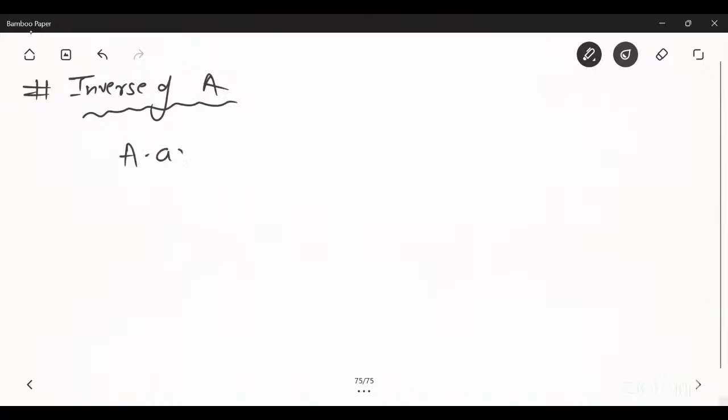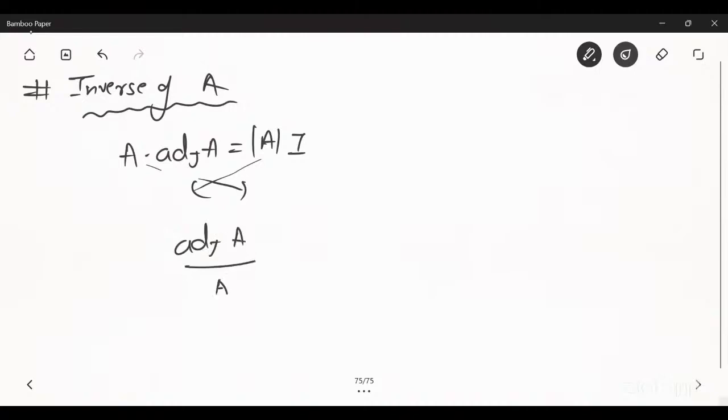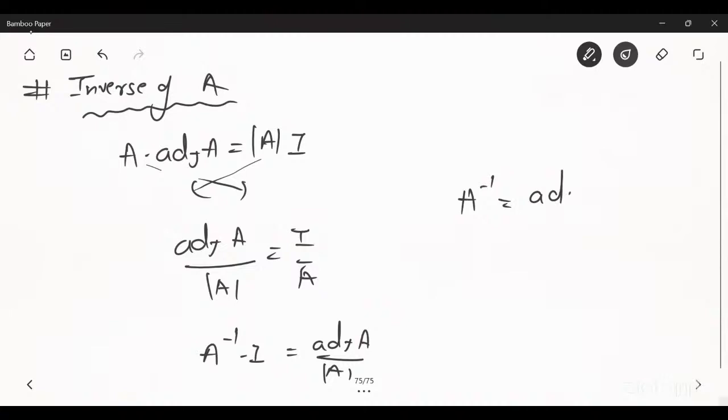I have defined A into adjoint A is determinant of A into I. Now if that A comes downward, it comes in the denominator of I, so adjoint A upon mod A equals I by A. So A inverse is equal to adjoint A upon mod A.